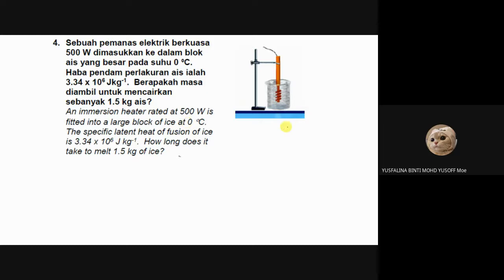For this one also we use Pt equals ml. You see, mostly we use Pt equals ml, right? The power is 500. The time is what we need to find. The mass is 1.5. The L is 3.34 times 10 to the power of 6. So what is the time you got here?